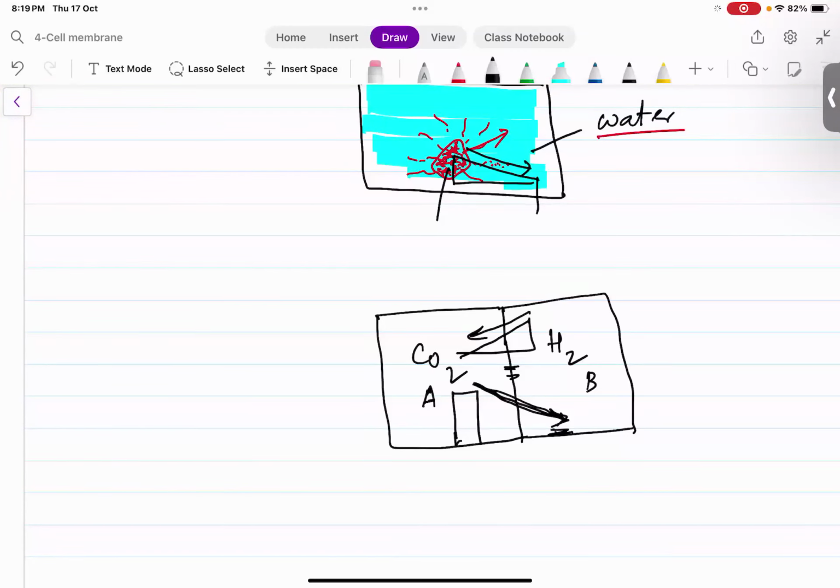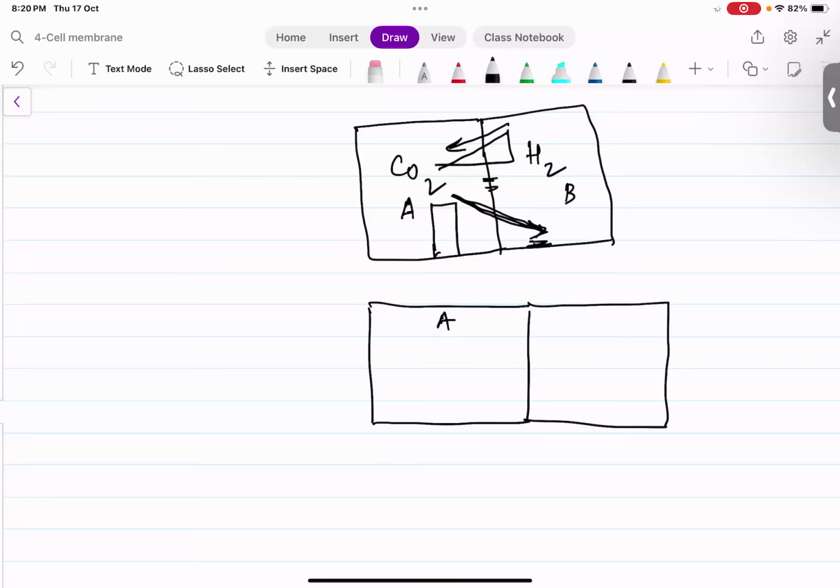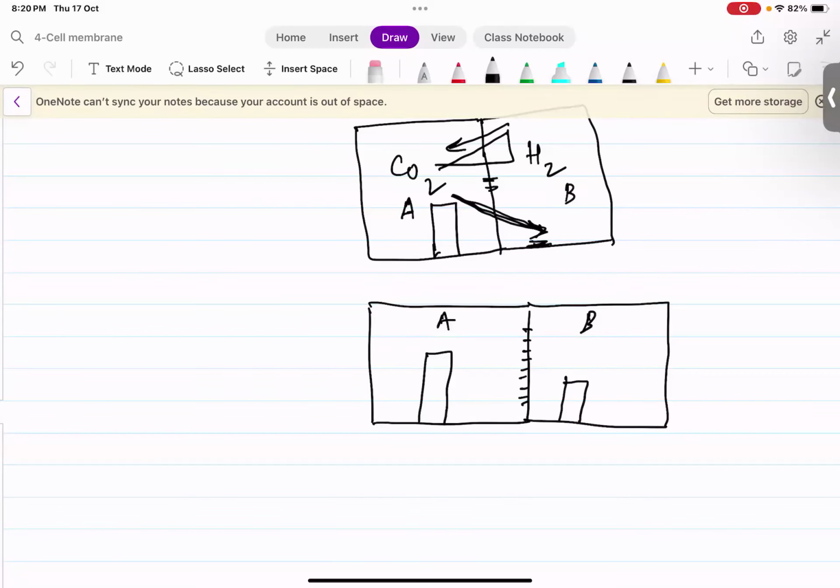However, if we look at this again, if jar A and jar B are separated with a partition in between them, which allows the gases to move from A to B or from B to A, and we have, for example, high concentration of carbon dioxide here in jar A, but yes, there is carbon dioxide present in B, but in low concentration, which we can represent with bar charts.